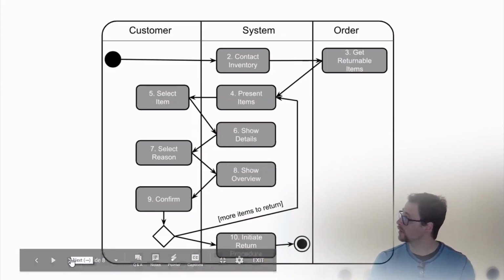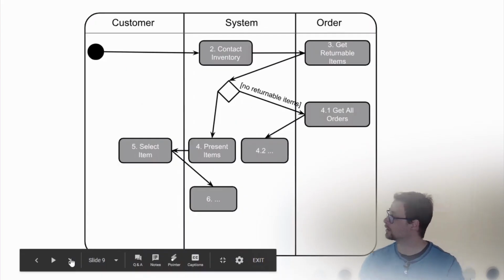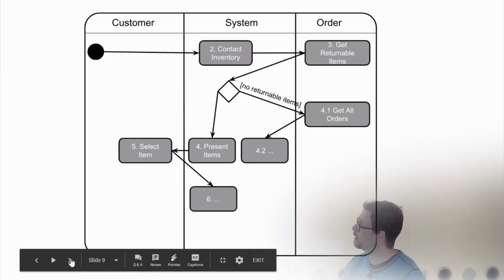So this was one scenario, and we continue to build on this model by extending it with our alternative scenarios also. So maybe our customer does not have any returnable items, or we get some kind of an error code or error message from the order system.